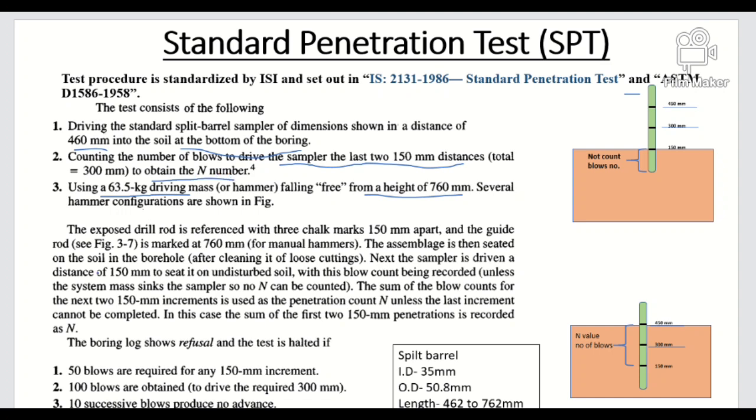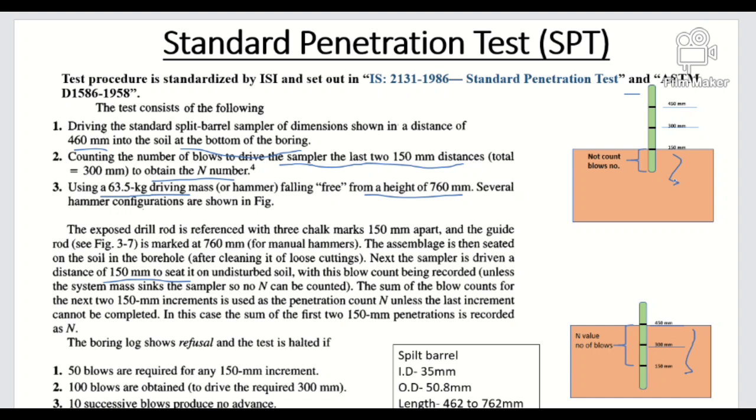The first 150 mm distance is known as the seating drive, or seated value, but it is not counted as an SPT value. And the next 300 mm, on the right side is the figure, the blows for the next 300 mm are counted as the SPT value, but the first 150 mm is known as the seating.